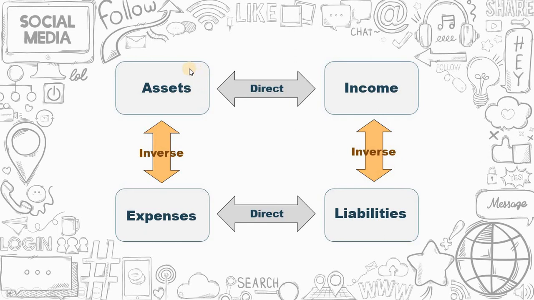Because the ending inventory is deducted from the cost of goods available for sale to arrive at the cost of goods sold. So if the ending inventory is overstated, the cost of goods sold is understated. And if the cost of goods sold is understated, the net income is overstated.